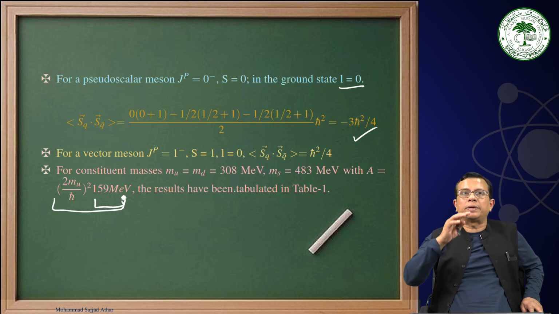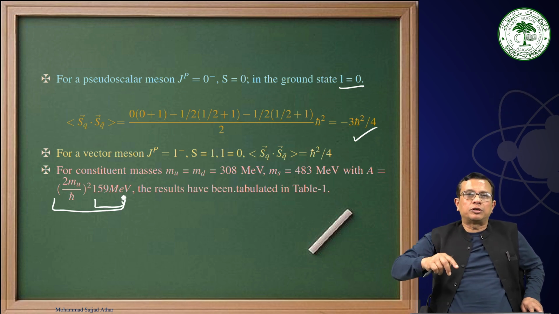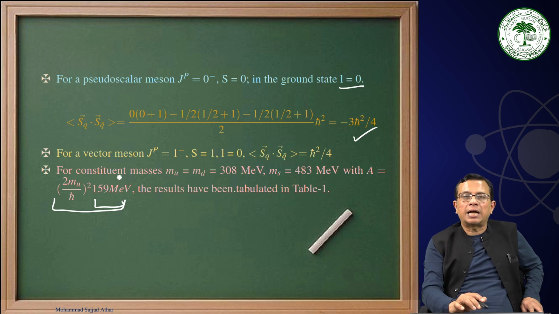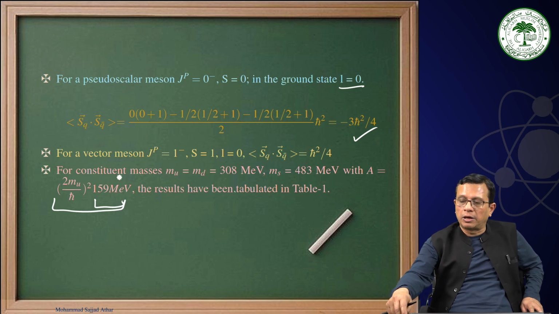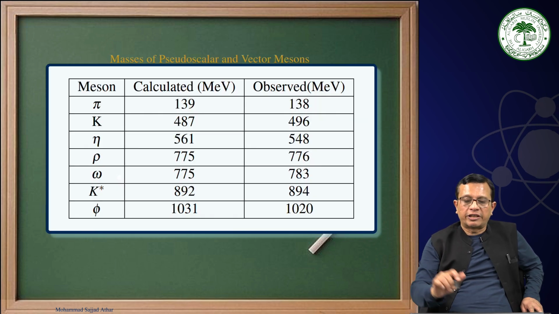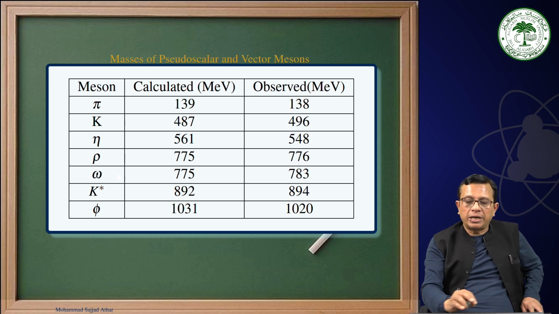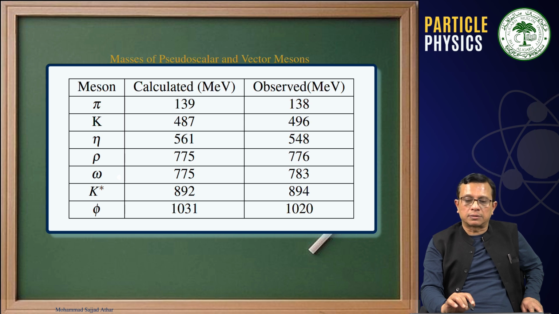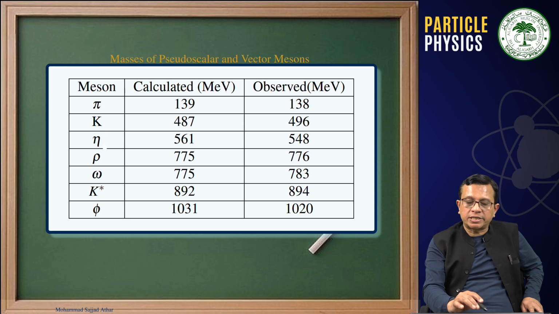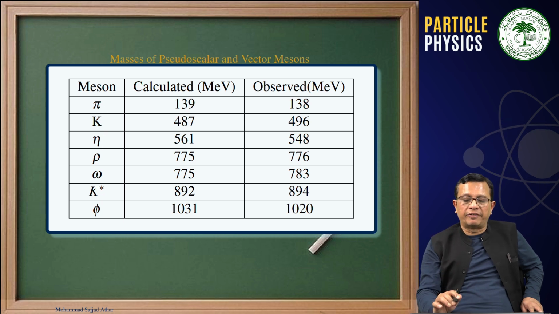And then I told you, because we are talking about mq plus mq bar plus something, that overall the dimension should be that of energy. Therefore, with that value of A, we are able to calculate the masses of all the mesons: pion, kaon, eta, rho, omega, K star, phi, pseudoscalar mesons as well as the vector mesons.